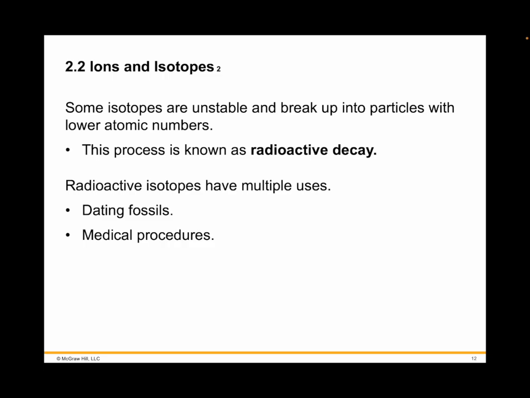Emissions from the radioactive isotope tracer are detected using special lab equipment and can reveal key diagnostic information about the functioning of the body. For example, a PET scan or PET-CT, which is positron emission tomography or positron computerized tomography, imaging procedures can be used to identify cancerous areas.